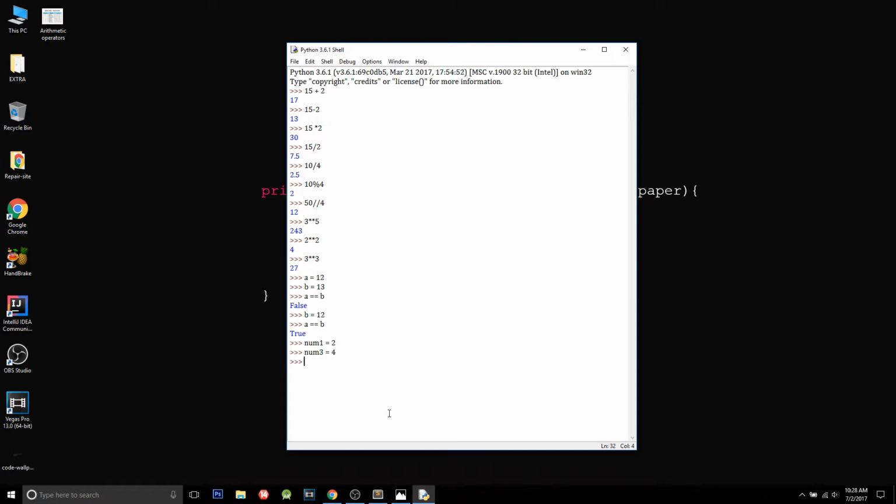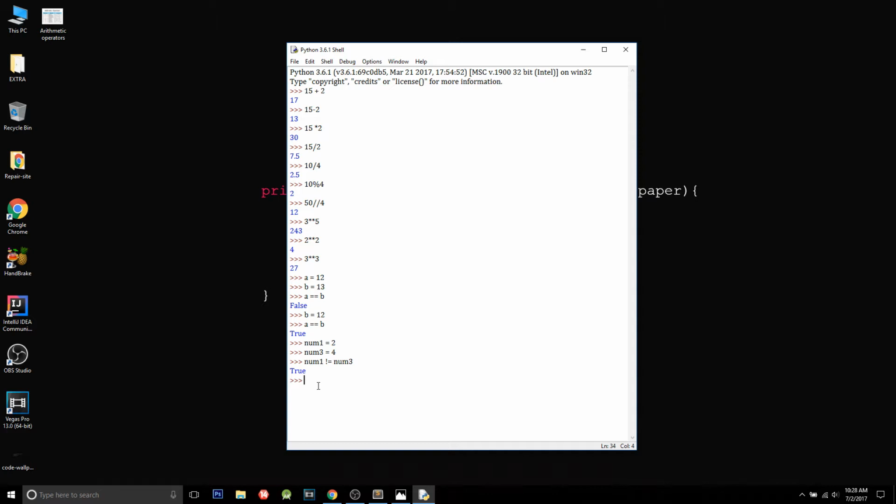So how to check these numbers are not equal? There's another operator, that is, num1 exclamation equals num3. Is it true? See, it is true. It gives us that value. So this is not equal to, and this is equals to.